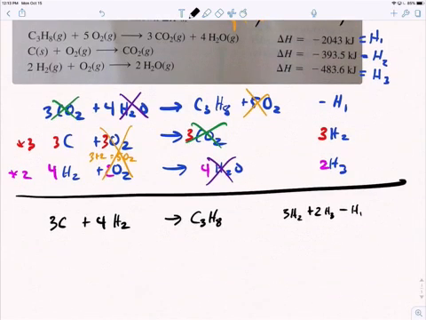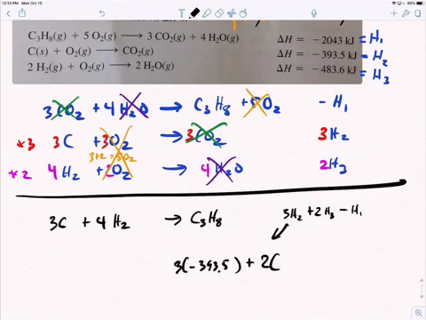So then now I take these data and I put them in. 3 times minus 393.5 plus 2 times H3, minus 483.6, minus a minus 2043.